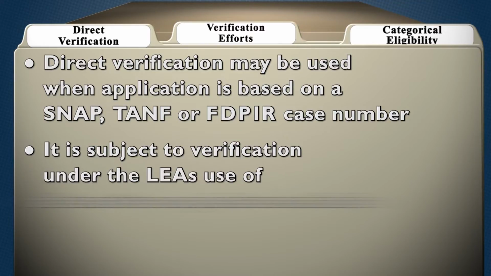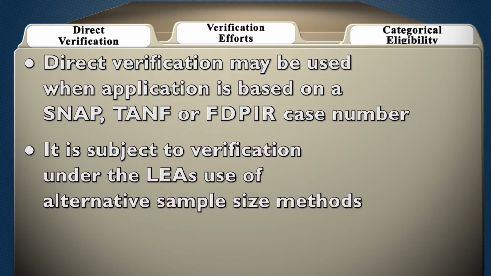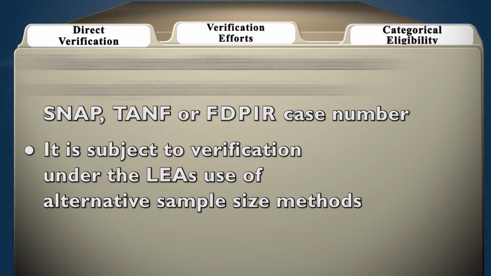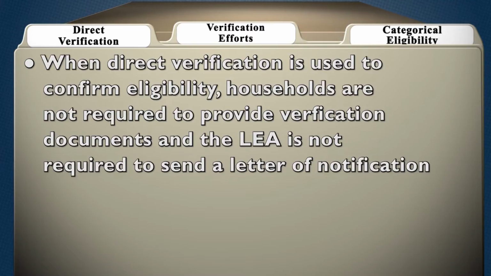It is subject to verification under the LEA's use of alternative sample size methods. When direct verification is used to confirm eligibility, households are not required to provide verification documents, and the LEA is not required to send a letter informing the household of its selection.